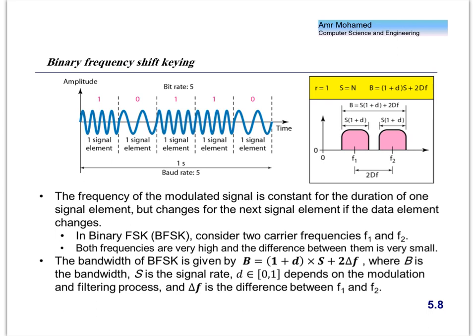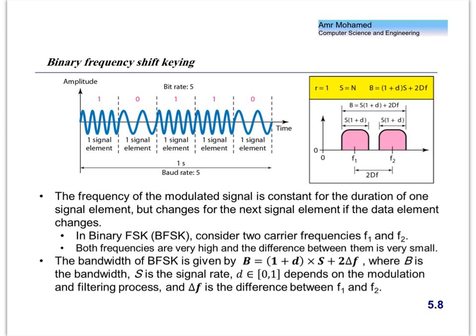The motivation behind the FSK, or the frequency shift keying, is the fact that noise always affects the amplitude much more than it does frequency and phase. That's a well-known fact.